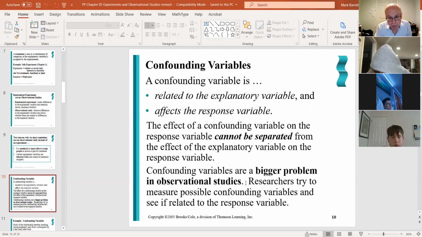In an experiment, when you randomly assign treatments to people, you assume that the confounding variables are about equal in both of the experimental groups. Therefore, you can say they have about the same effect in each group, and you can pretty much eliminate them as causes for changes in your response variable.